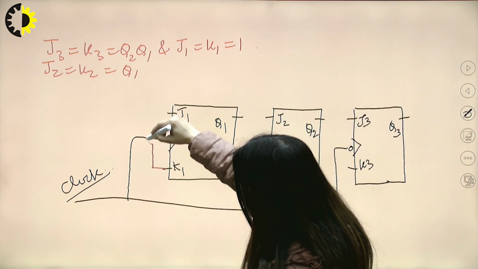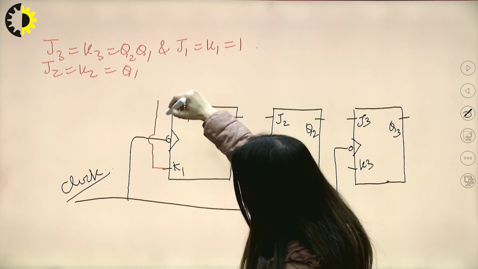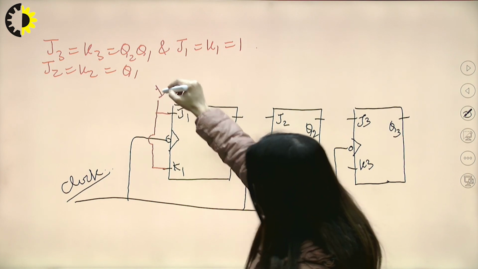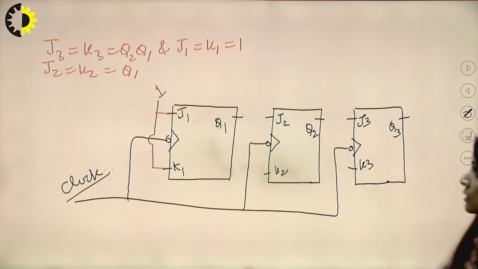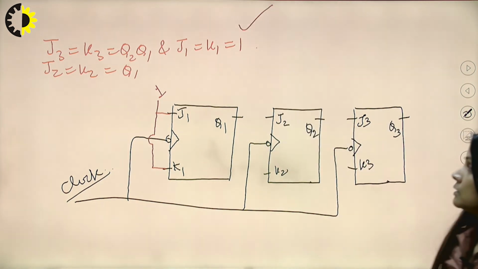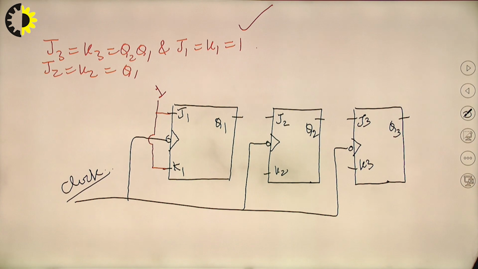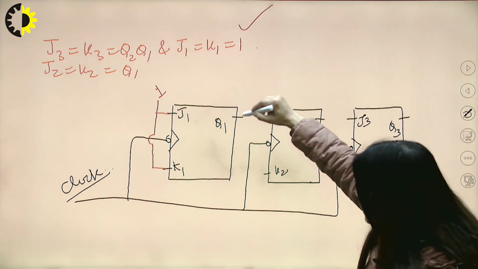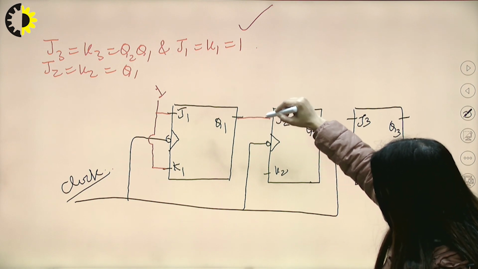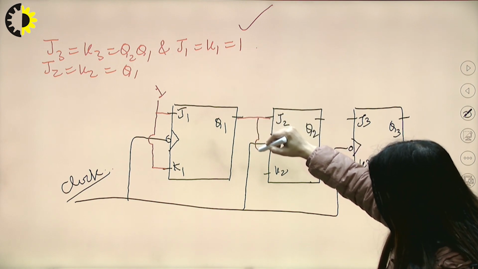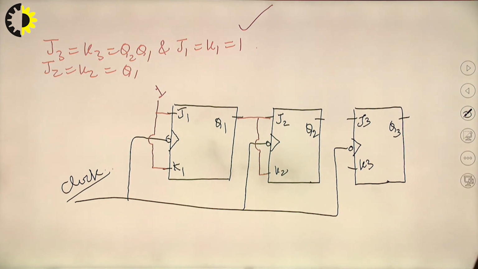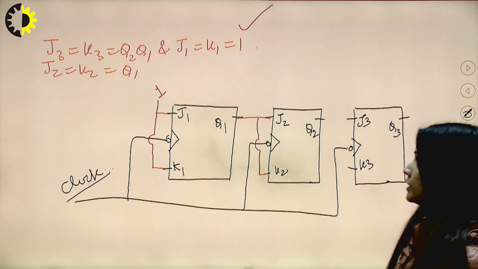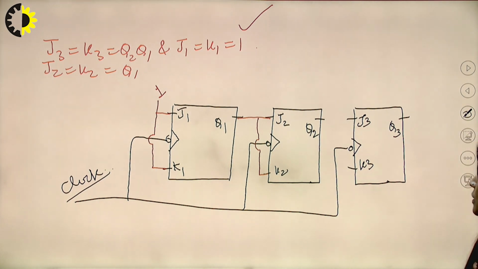J1 and K1, put them on logic 1. This is done. Now about J2 and K2, these are Q1. So connect it, and then J3 and K3 is equal to Q2, Q1.